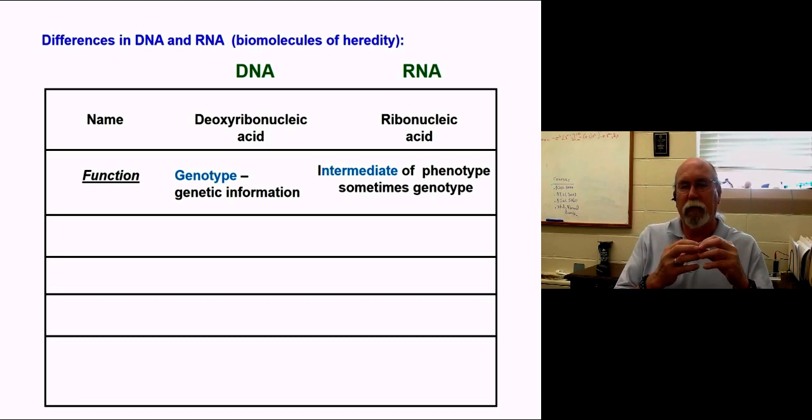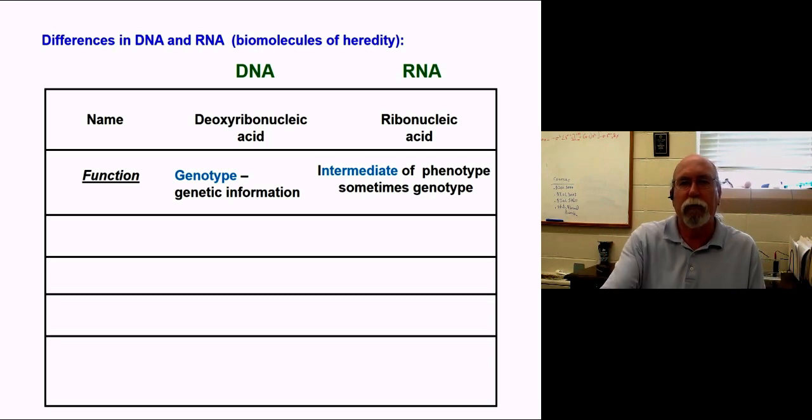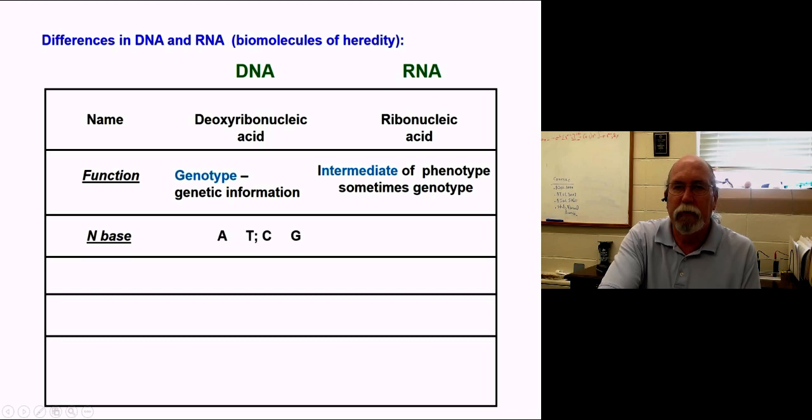It turns out it's going to be part of the systems for when we go to splicing, we'll have RNA there. It's part of ribosomes. It has all sorts of jobs, usually where it's in a single-stranded form. But as far as what's going to be the genome, that's usually primarily going to be DNA, okay? Number of bases, well, it's the same, okay?